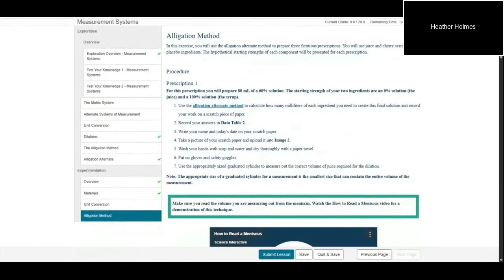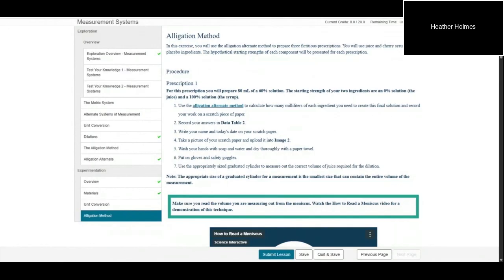And the second part to your experimentation is there are going to be 3 separate prescriptions where we're going to be figuring out how much you're going to need out of the 2 strengths to equal the one that you need to get.